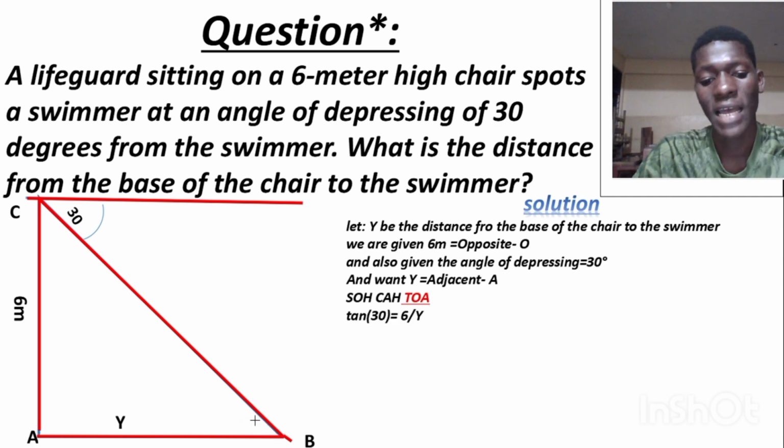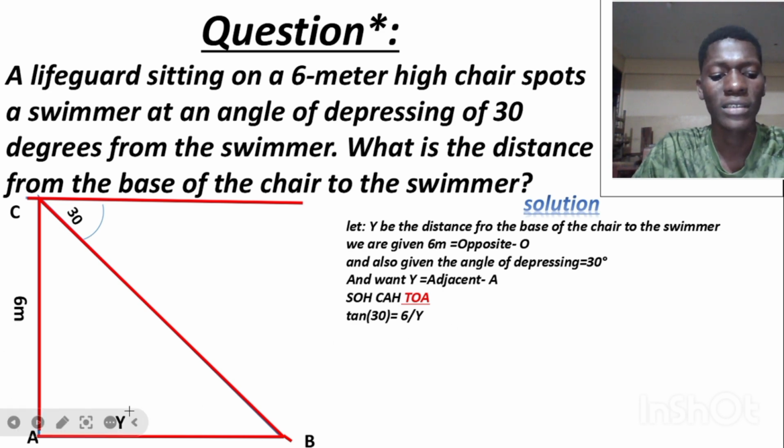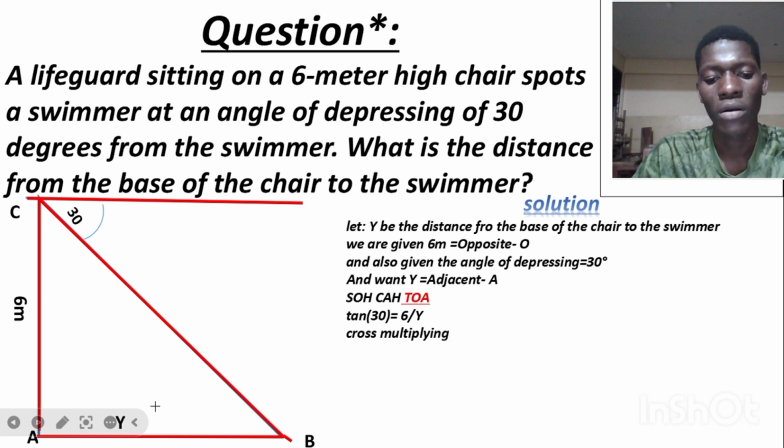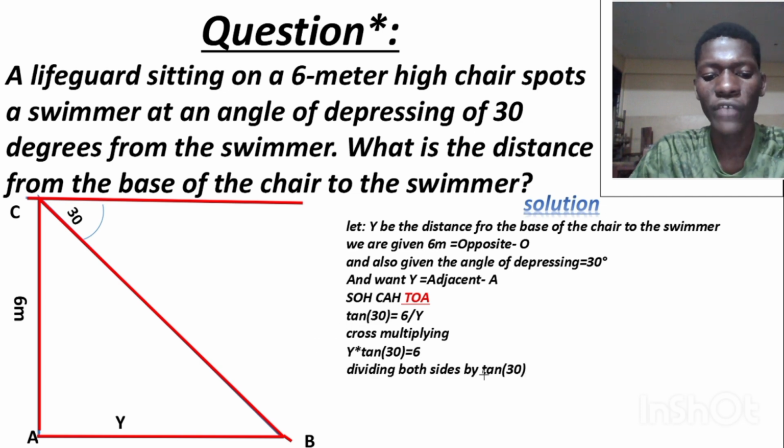Using the tan, tan 30 should be equal to 6 over y, which is opposite over adjacent. When we cross multiply, the y will multiply the tan 30, and the 6 will multiply 1. So divide both sides by tan 30 to make the y stand alone.